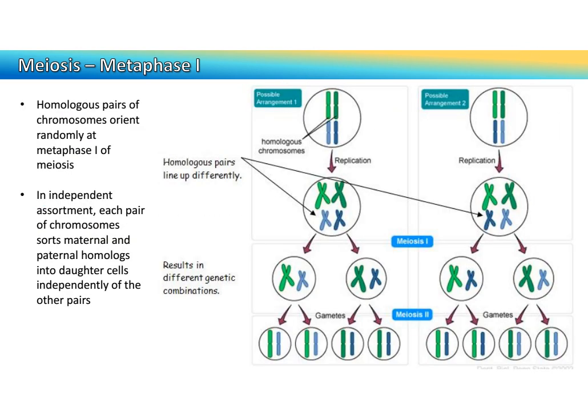Following which, during metaphase 1, we also like to emphasize one very important event that is happening that gives you variation. The first event that gives us variation was crossing over during prophase 1. So this one, we call it a little bit different. This we call independent assortment of homologous chromosomes.